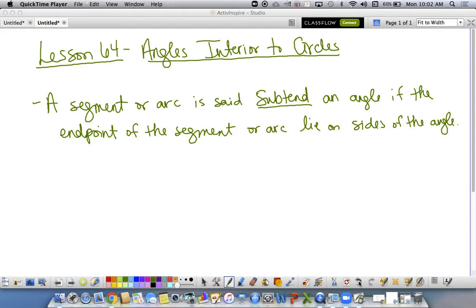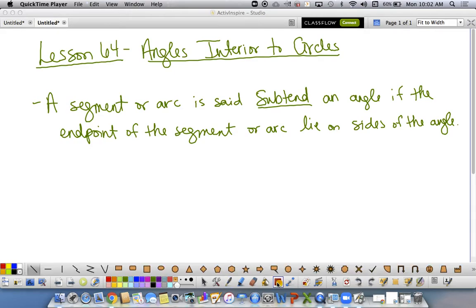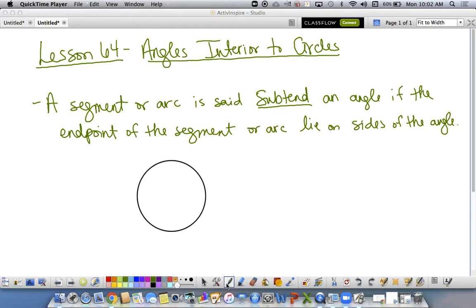Okay, so what does that mean? We're going to have circles. If you couldn't tell by the definition, we're going to have some circles in this lesson. It can be inside the pieces.